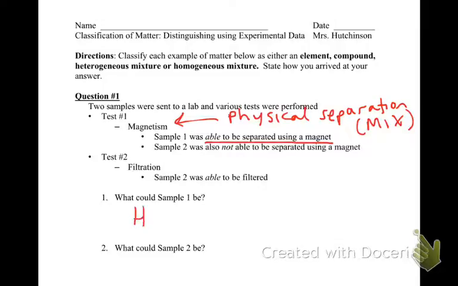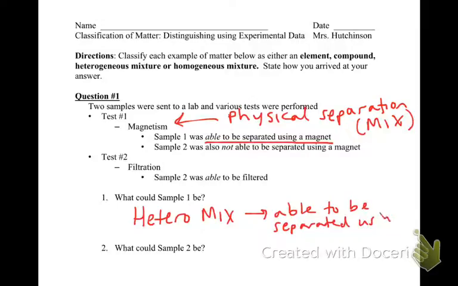So it's got to be a heterogeneous mixture. And how do we arrive at this? Able to be separated using a magnet.